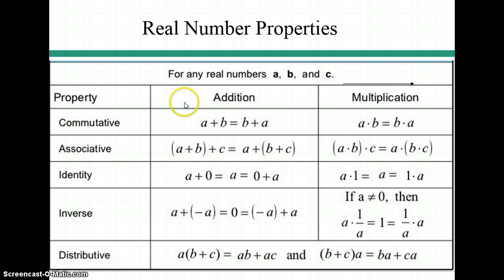So the commutative property for addition is A plus B equal to B plus A.